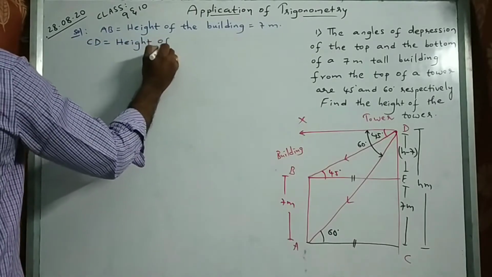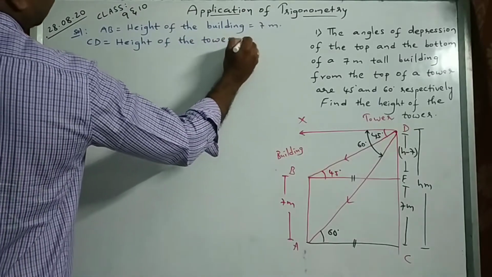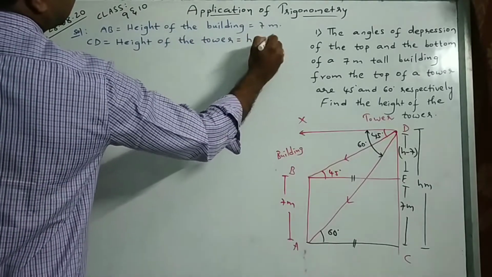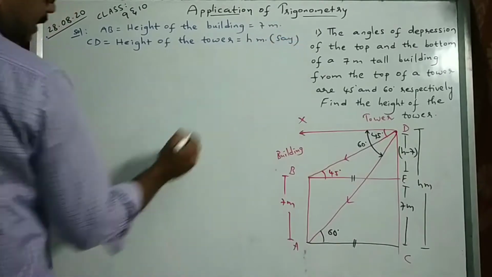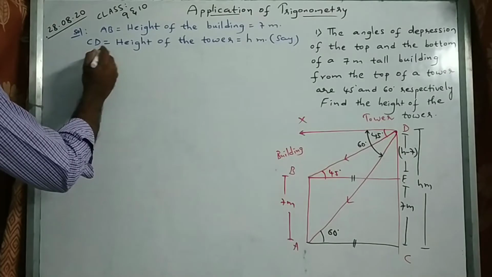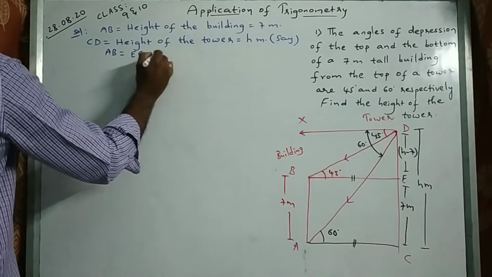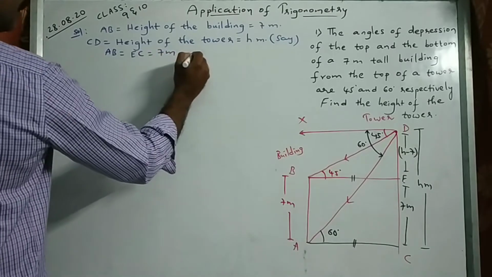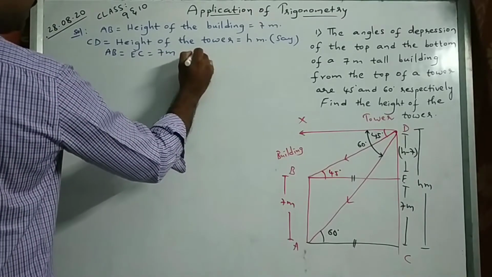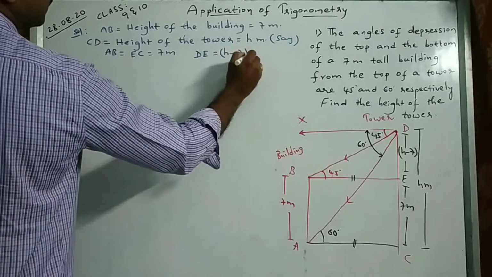CD equal to the height of the tower. Let it be h meters. So AB equal to EC equal to 7 meters and DE length h minus 7 meters.